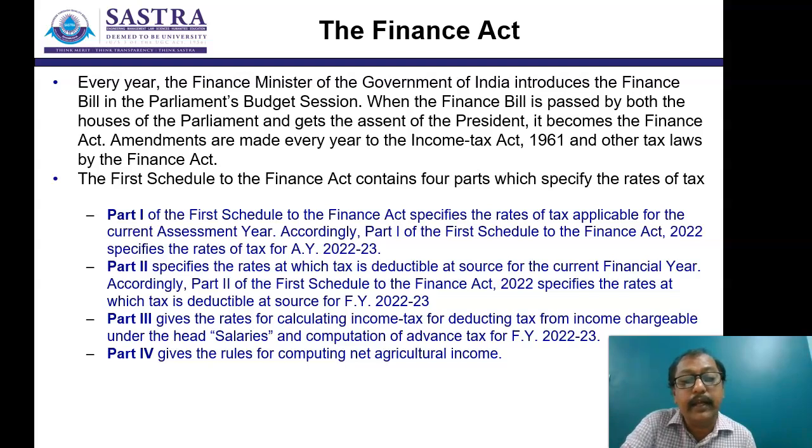Part 3 gives the rates for calculating the income tax for deducting the taxes from the income chargeable under the different heads of salaries basically, and computation of advance taxes for the financial year 2022-2023. Part 4 gives the rules and regulations for computing the net agricultural income. So that way the Finance Act is presented.